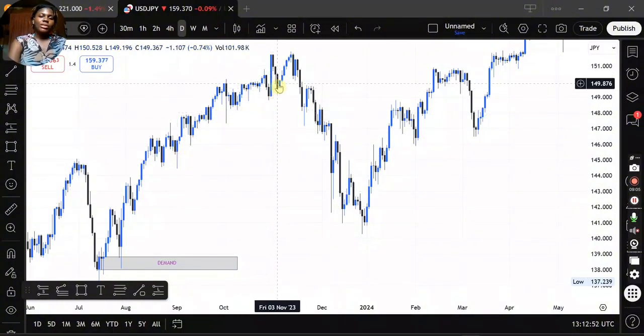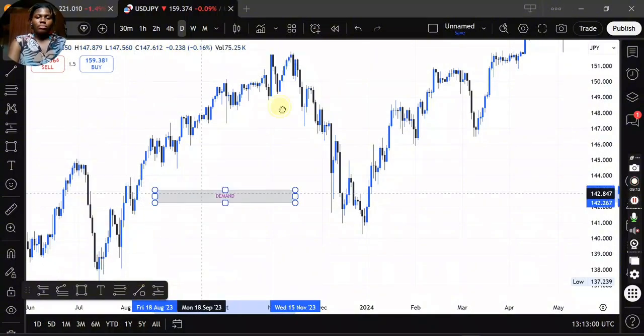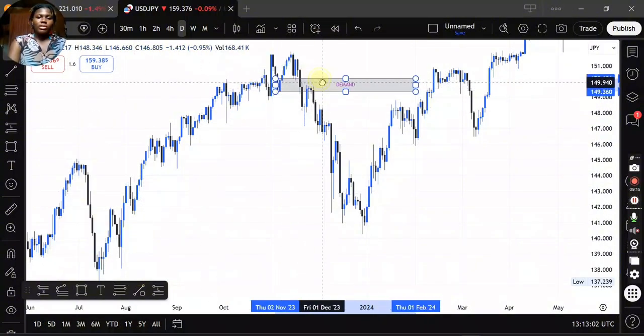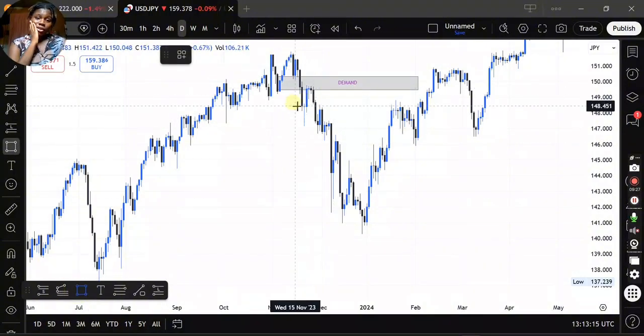So now this is the demand level. I'm going to mark that out. Let's take this there instead for start. I'm trying to show you. Now that's the demand level. I told you it's the support level. And then we'll have another demand here.